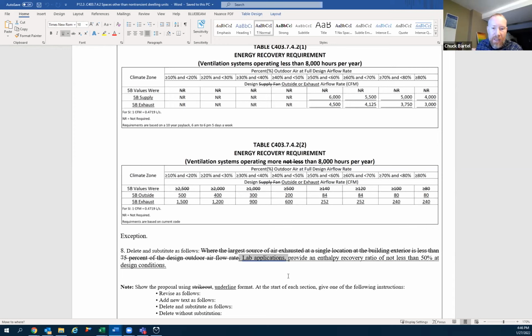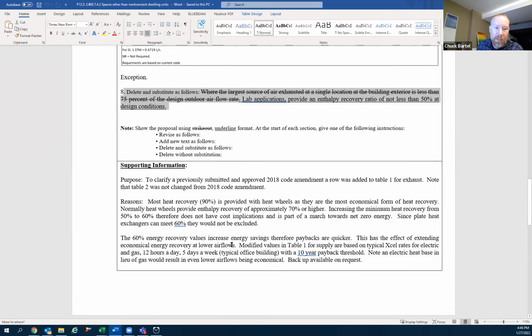My concern is also that exception number 8, because it's deleting the exception that we currently have that allows for the exemption of energy recovery if there's not an exhaust. We currently have an exception that says where the exhausted air at a single location at the building exterior is less than the modified table C4, the tables based on an appropriate outside air column.